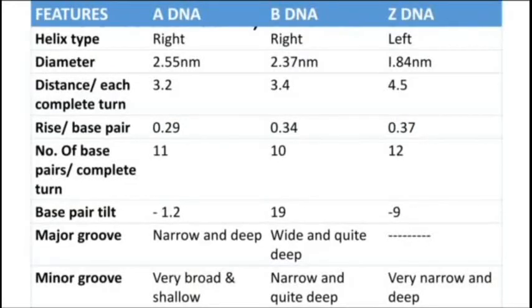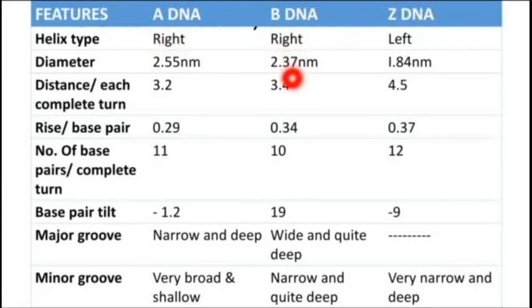Here you can see a table which shows the difference between aDNA, bDNA and zDNA. You all know that bDNA is the DNA model proposed by Watson and Crick, and aDNA and zDNA are its alternative conformations. The helix type of aDNA is right, bDNA is right, and zDNA is a left-handed helix.